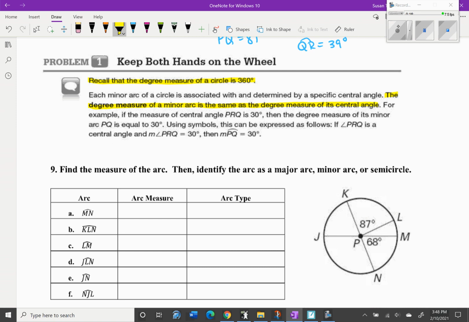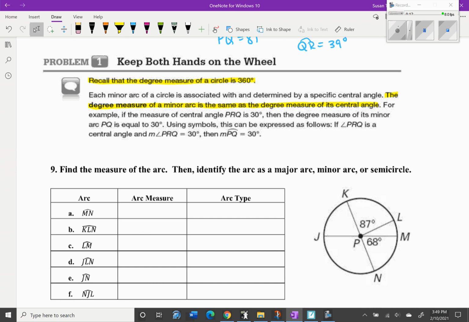So that is very important. For example, if the measure of central angle PRQ is 30, then the degree of its minor arc PQ is equal to 30. Using symbols, this can be expressed as the following. If angle PRQ is a central angle, and the measure of angle PRQ equals 30, then the measure of the arc PQ equals 30 degrees.